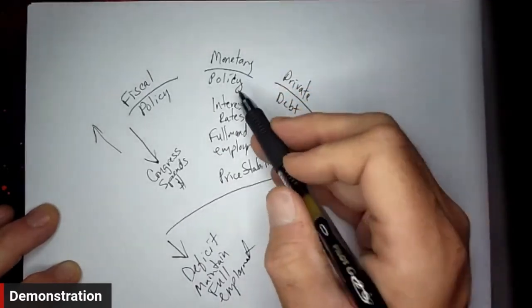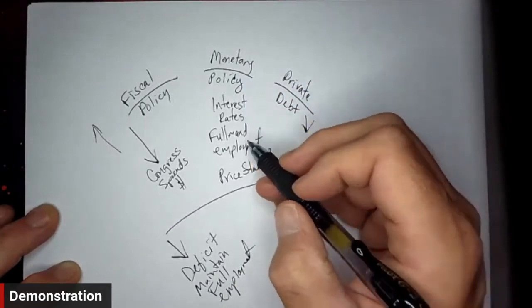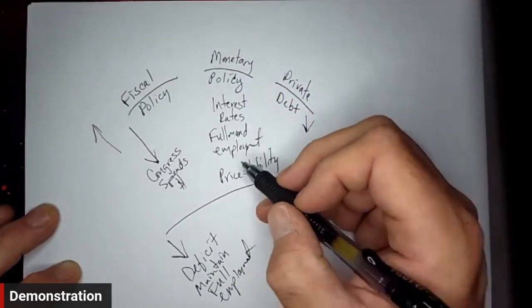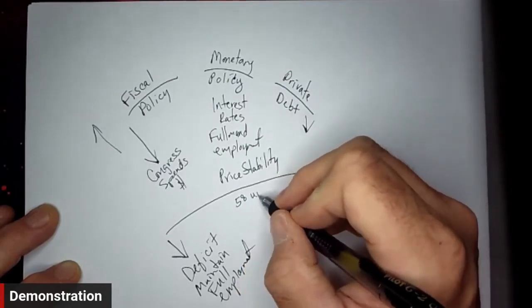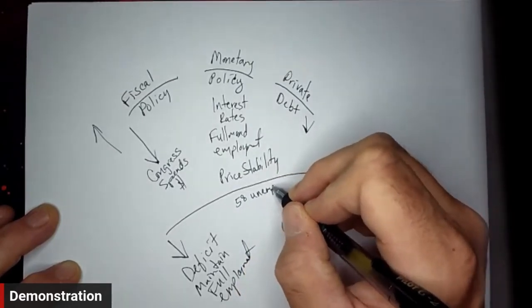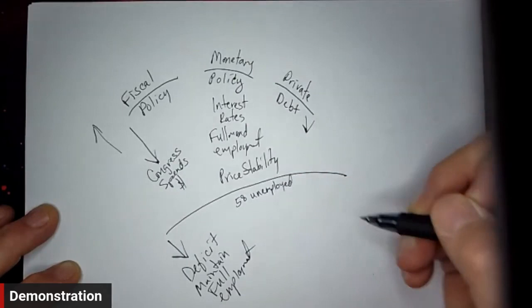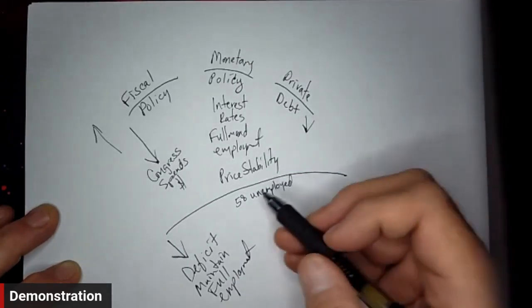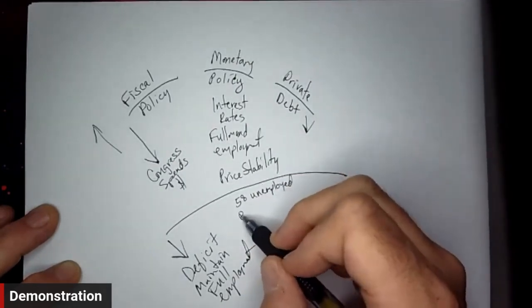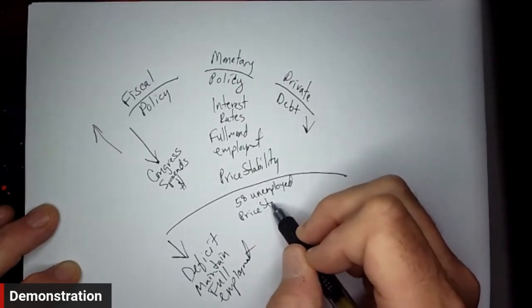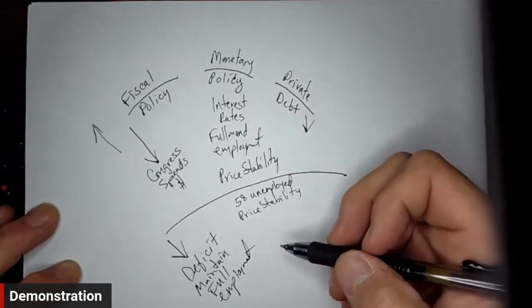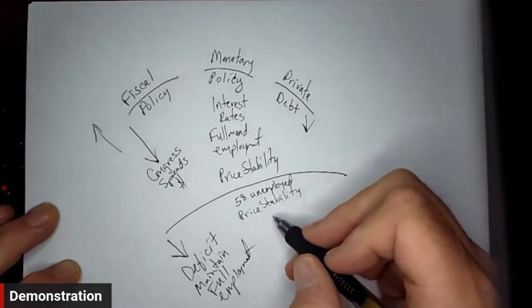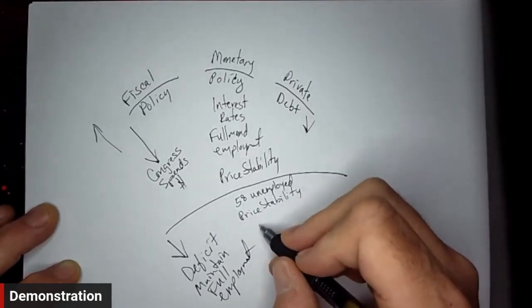However, in monetary policy, they believe something different. In monetary policy, they believe they need to have at least 5% unemployed to maintain price stability. So to them, as you're seeing right now, they will go ahead and raise interest rates.